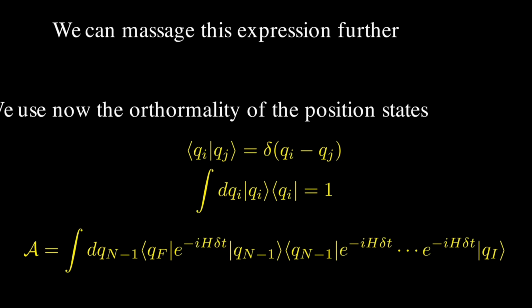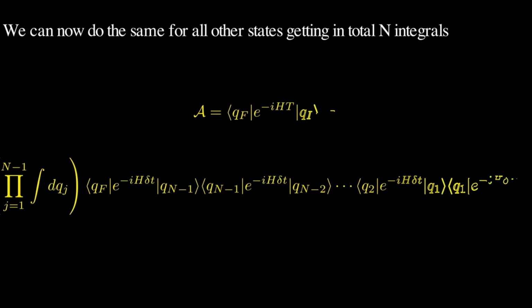Now we can also insert this identity operator for all other states from n minus 2 down to q equal 1, or q1. So we thus get n minus 1 integrals for all these identity operators.